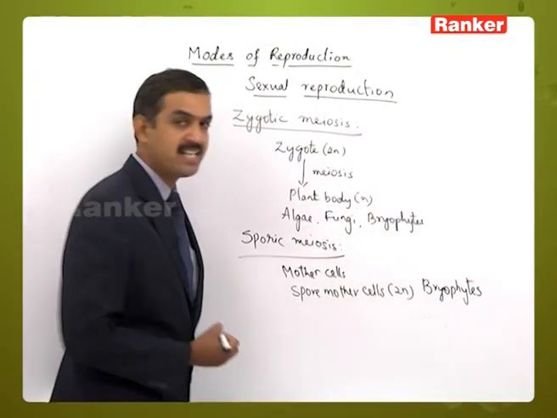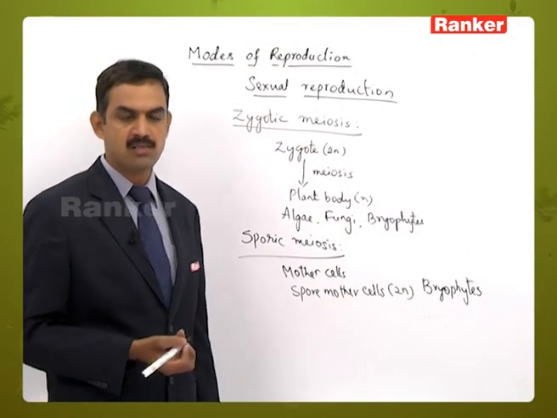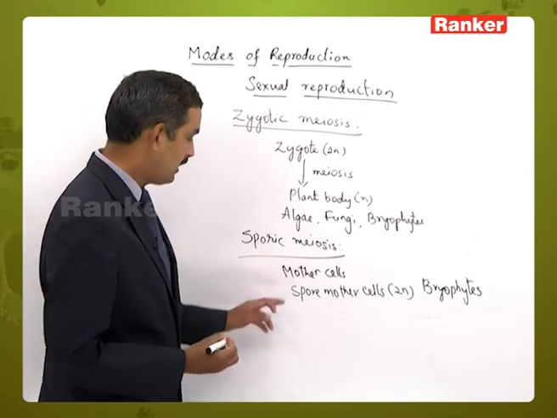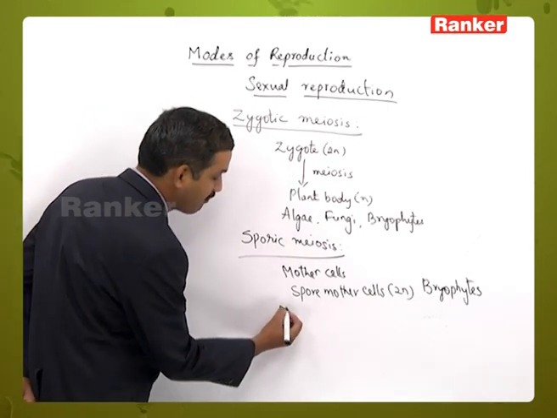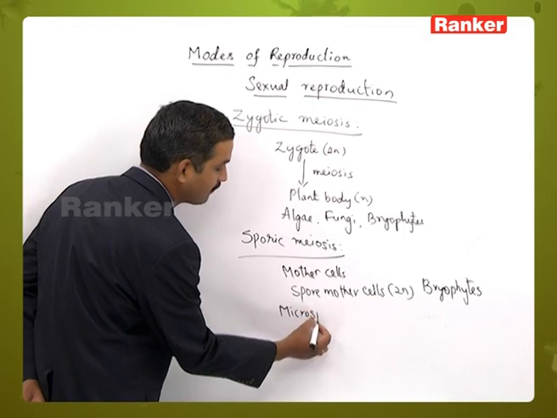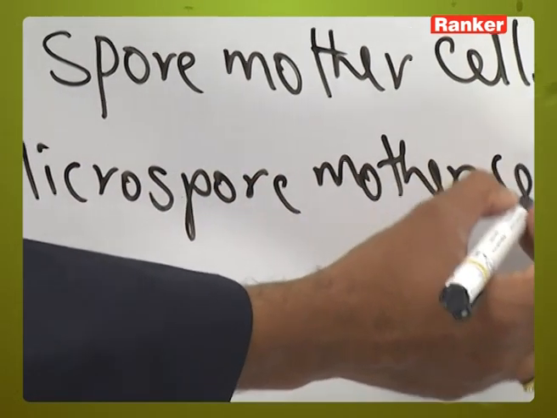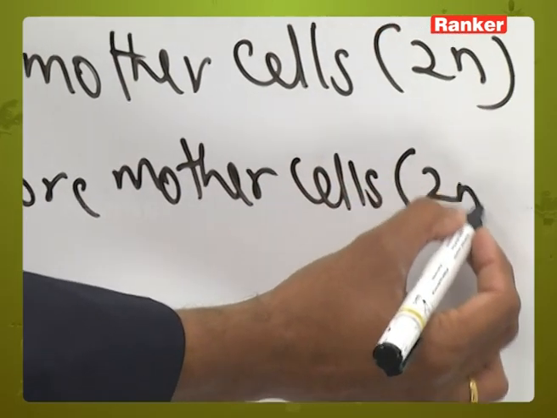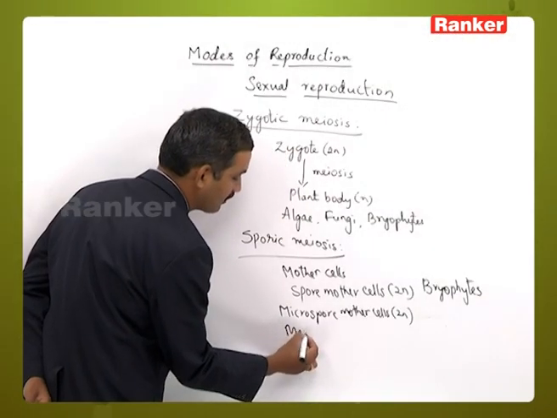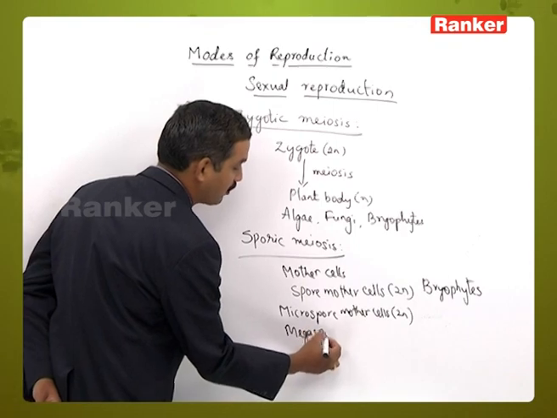whereas in the other higher plants, that is in pteridophytes, gymnosperms and angiosperms, they produce microspore mother cells, which are diploid in condition, and megaspore mother cells.